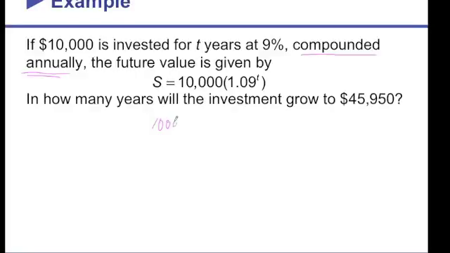So my 10,000 times 1.09 to the t equals the 45,950. Dividing by 10,000, I get 1.09 to the t equals 4.595. Then change to logarithmic form. My exponent equals log base 1.09 of 4.595. Use the change of base formula.